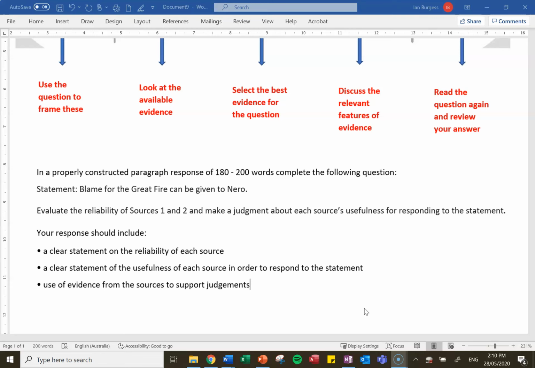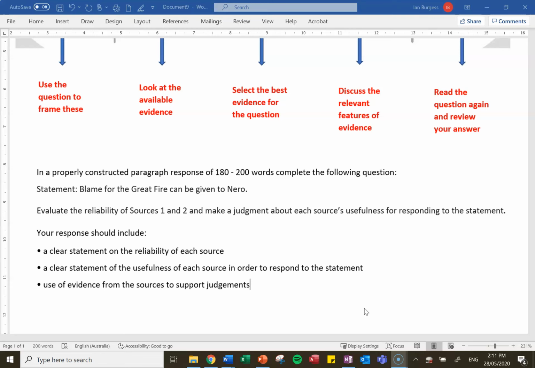With this question we're given scaffolding, and our response should include a clear statement on the reliability of each source, a clear statement of the usefulness of each source in order to respond to the statement, and use of evidence from the sources to support judgments.